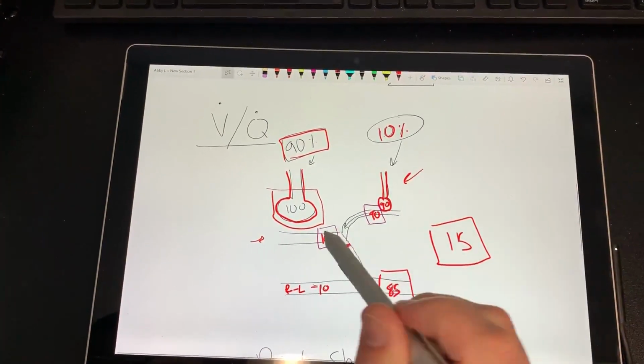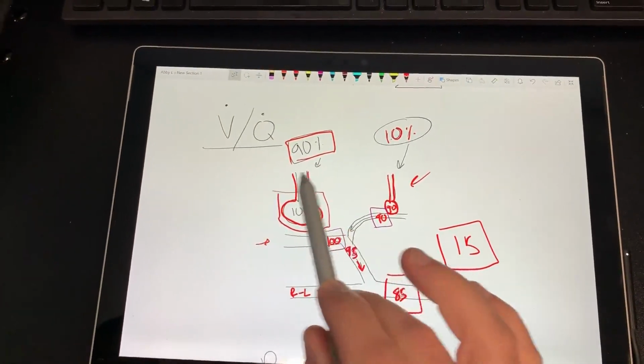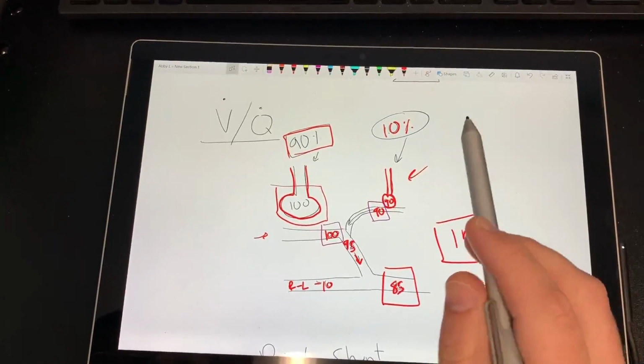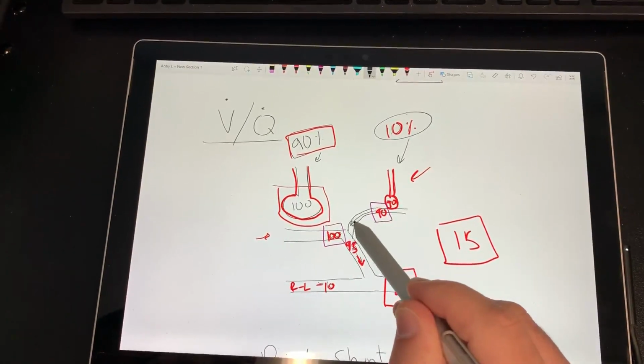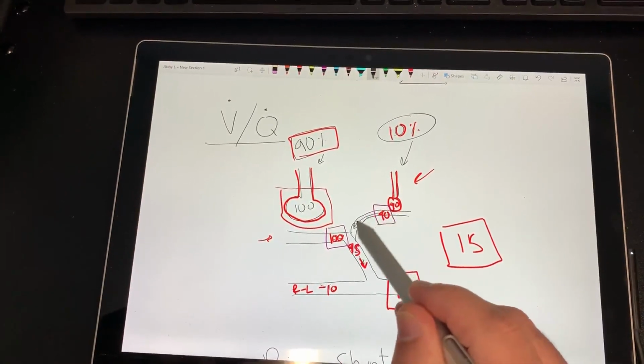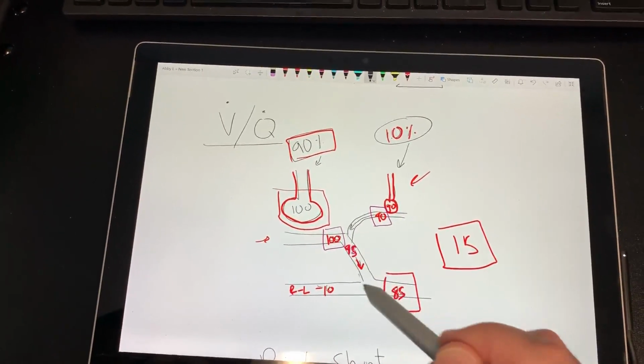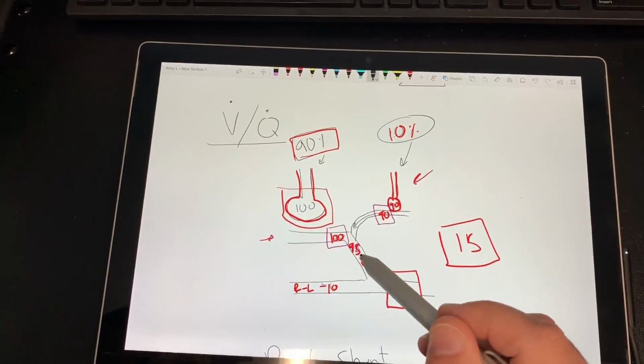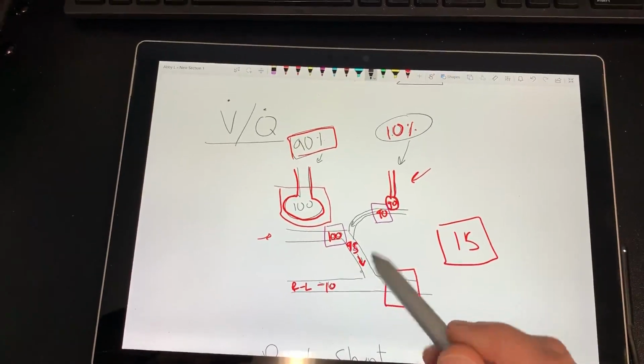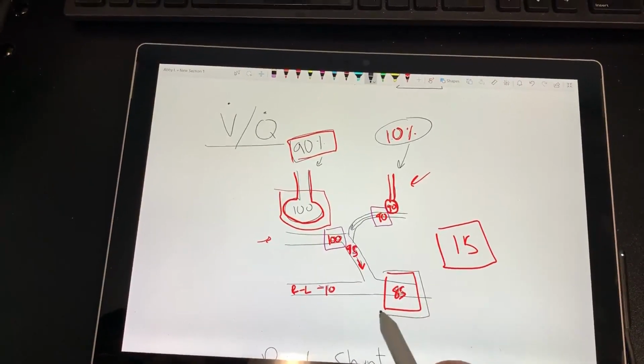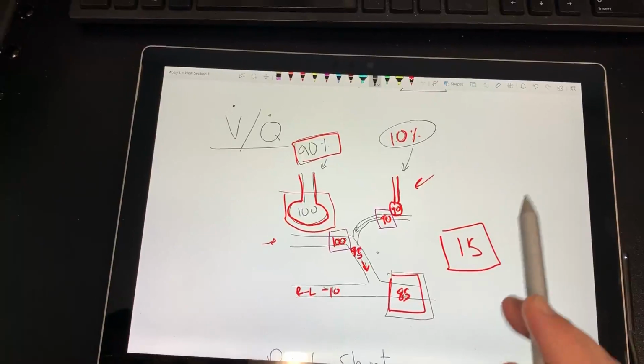A VQ mismatch, where you have areas of low VQ, what you're doing is basically adding partially oxygenated or low oxygenated blood into that, which will bring down the total PO2 of the arterial blood. And these numbers, we just kind of use those.